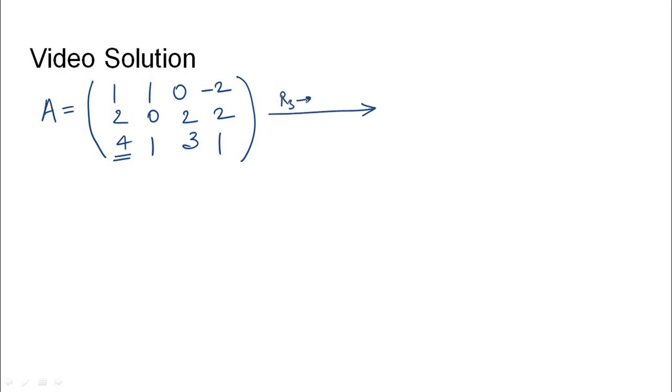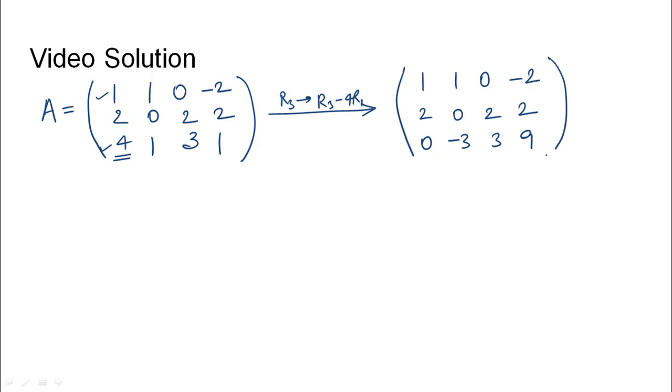If we subtract R3 from 4 times R1, we can see that this element would become 0. So using R3 tends to R3 minus 4R1, the first row will be left intact, the second row will be left as it is, and this element would become 0 and the rest of the elements would become minus 3, 3 and 9.